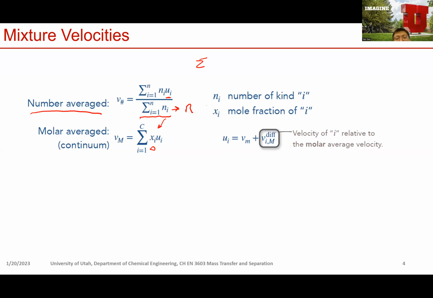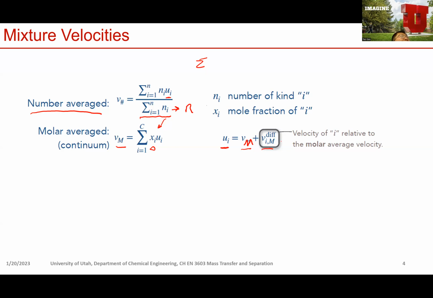Then we know that for any individual particle, its velocity is not necessarily the same as the molar average velocity, right? So we can write down an equation to describe such a difference. For any individual particle, its velocity ui is a summation of the molar average velocity plus a difference.